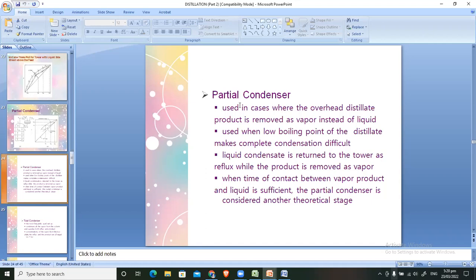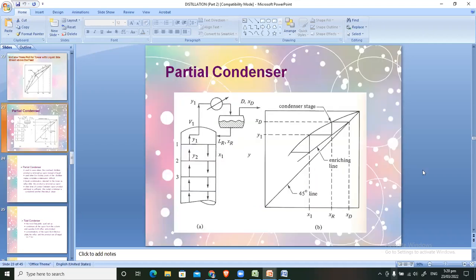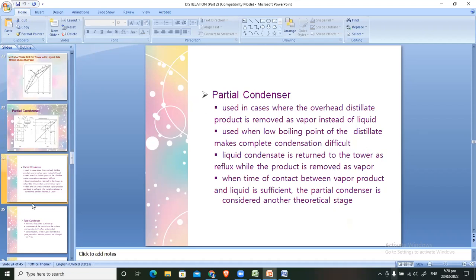The part that is converted into liquid is the one that is returned back into your column as reflux. So when the time of contact between vapor product and liquid is sufficient, the partial condenser is considered another theoretical stage. And it is actually the first plate in your column when it is drawn or determined graphically. So you not only subtract 1, but you subtract 2.